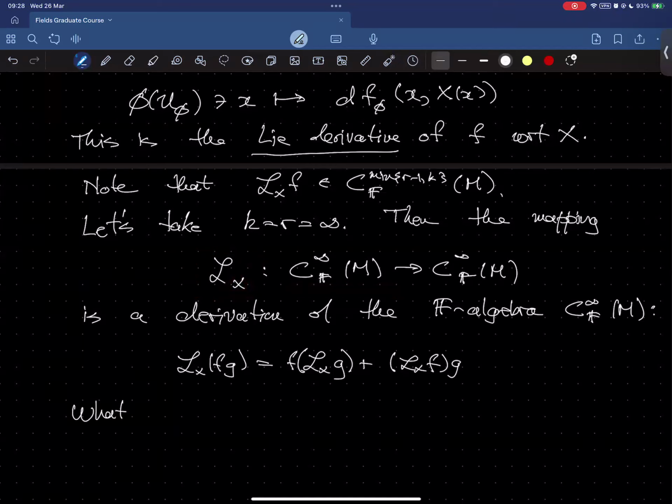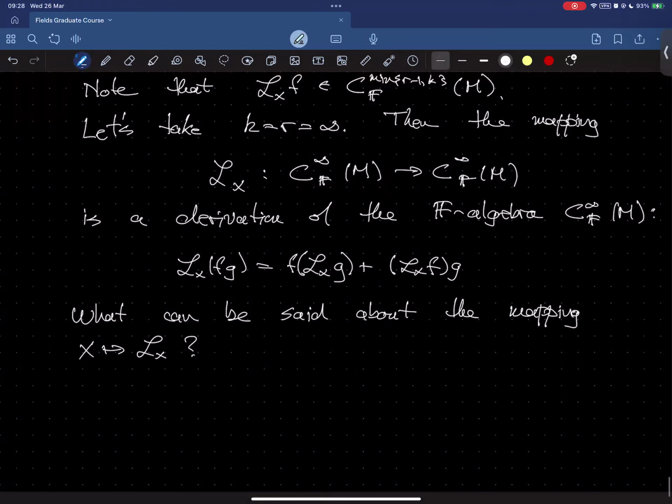So what can be said about the mapping X maps to L_X?